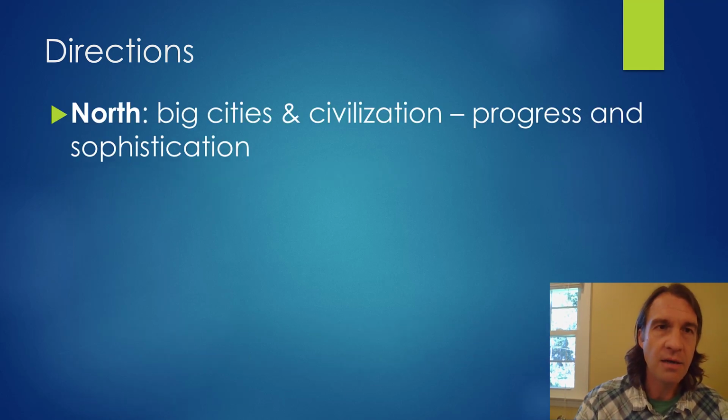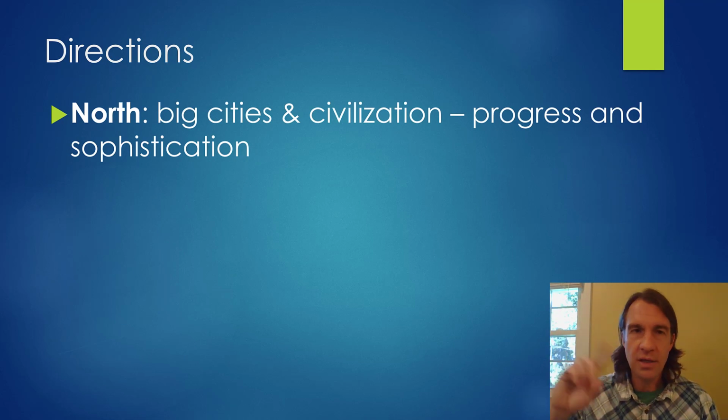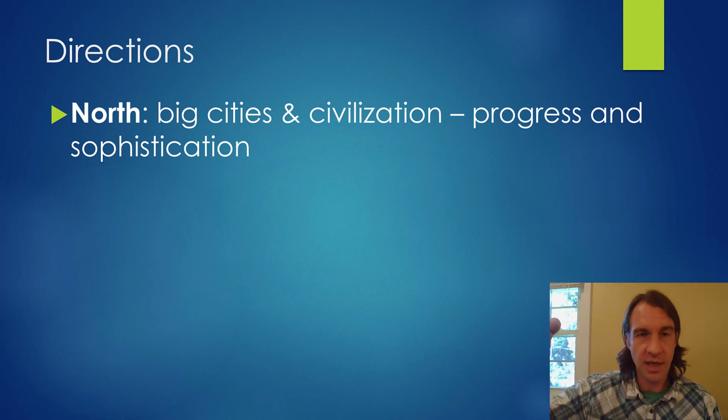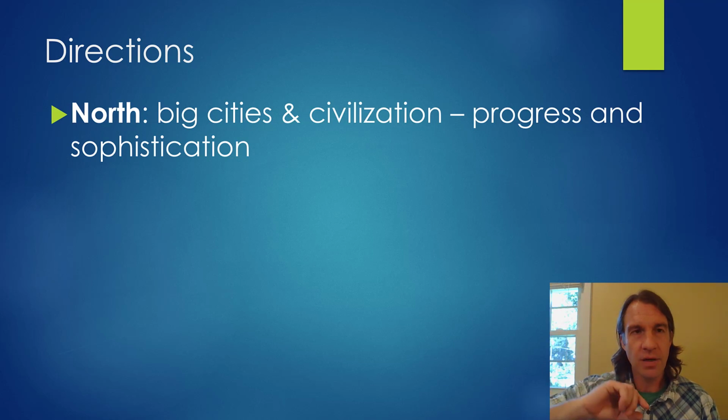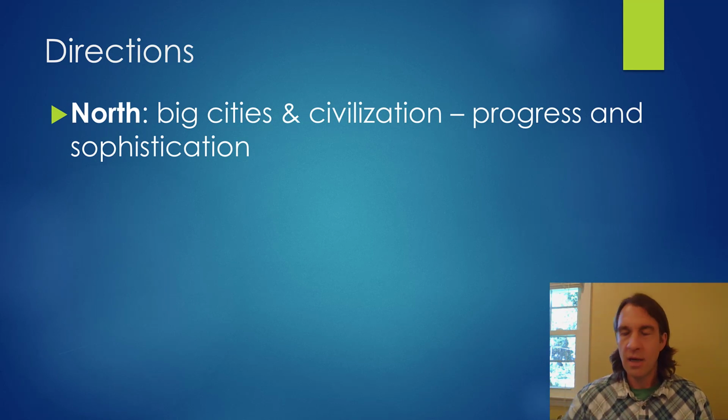All right, so traveling in literature is really important. It means that there's going to be some sort of character development, some sort of realization, some sort of knowledge gained. If a character travels north, they are supposedly going towards progress and sophistication, towards civilization. In the United States, that's where our big cities are, New York and Boston, the big old cities where we started.